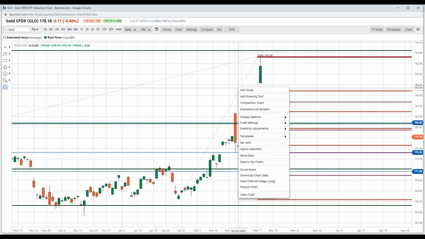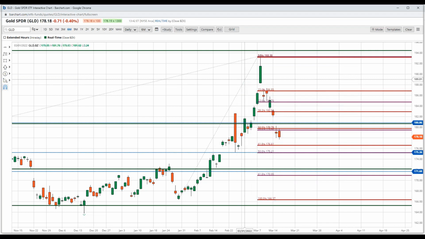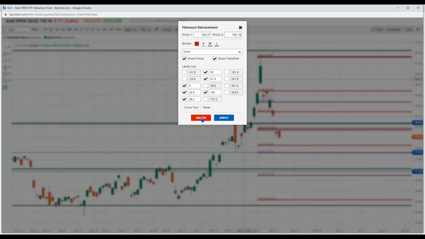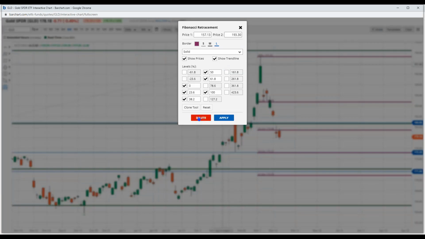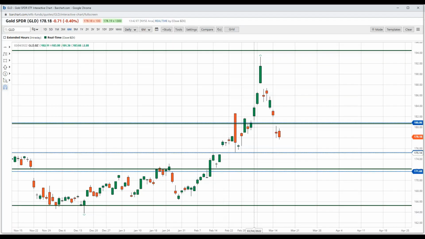Just going to eliminate these lines so it's a little bit clearer for us. I'm going to leave the green ones up just for reference points. But there was that cluster. This is what was represented by the blue line and this little blue line here.